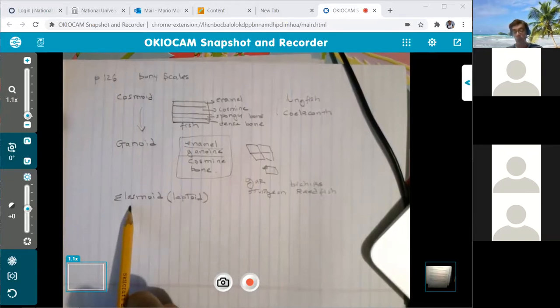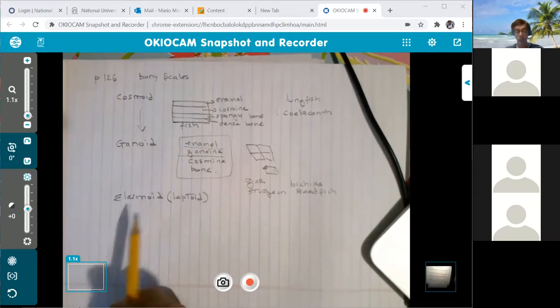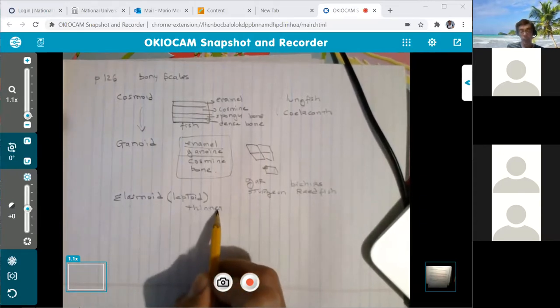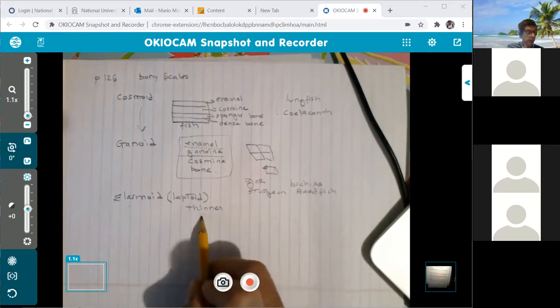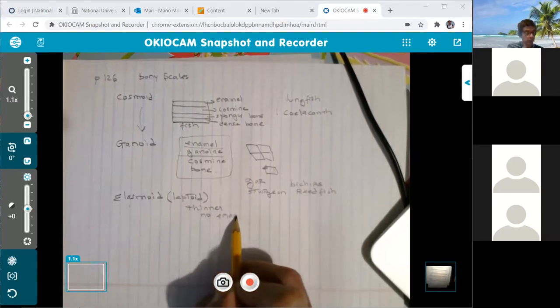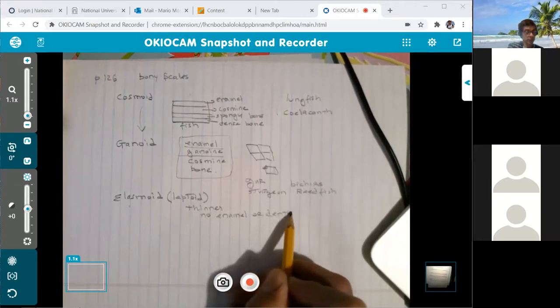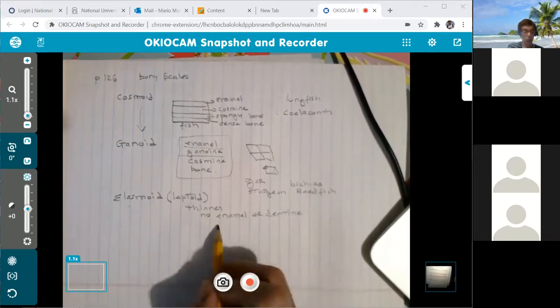Elasmoid is the most common one. These are thinner, more translucent. They don't have enamel or dentine. Most common type of scales.